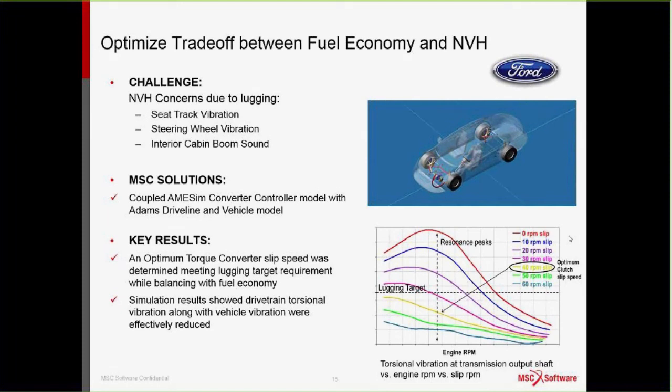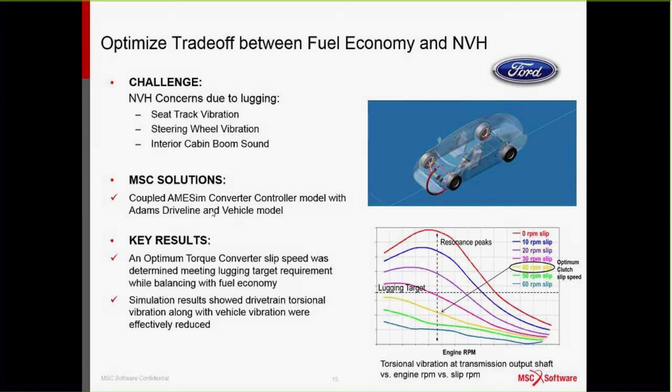So as a result, you need to find a balance between the fuel economy and your NVH performance by tuning the slip RPM on your torque converter. And in this example, there is a high-fidelity torque converter model in the AMESim simulation software, and there's also a full vehicle model that was simulated using Adams driveline.